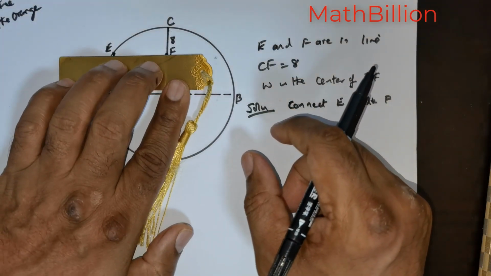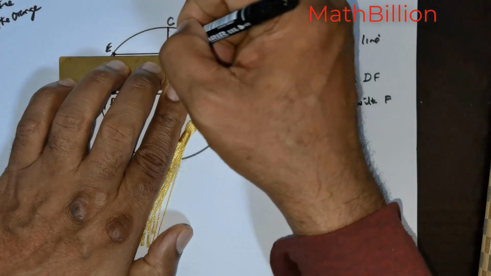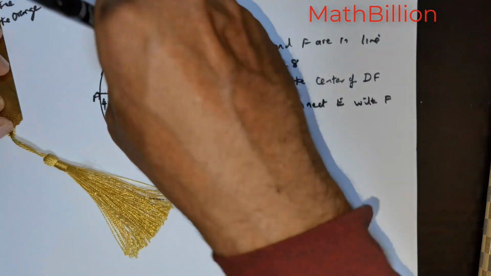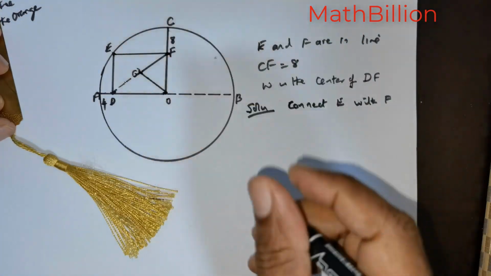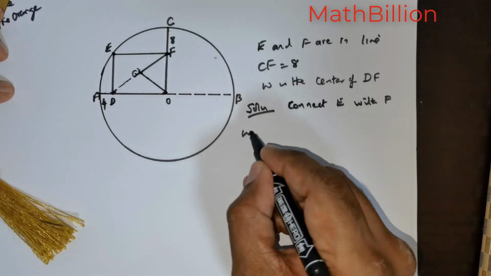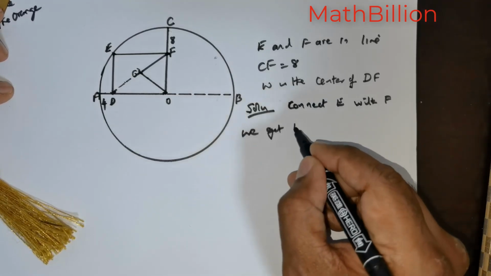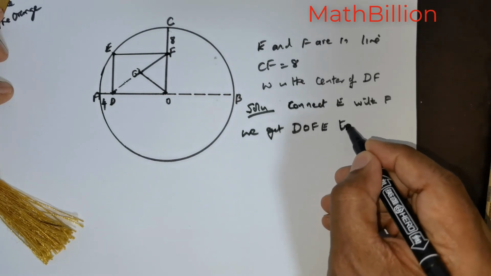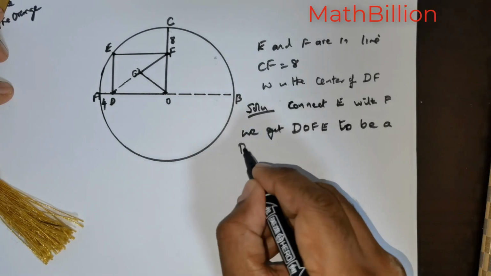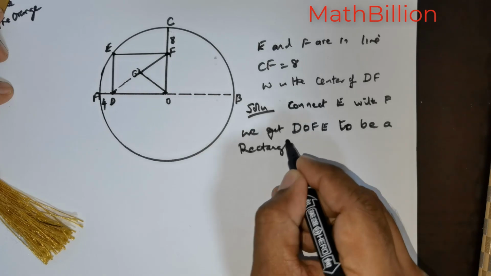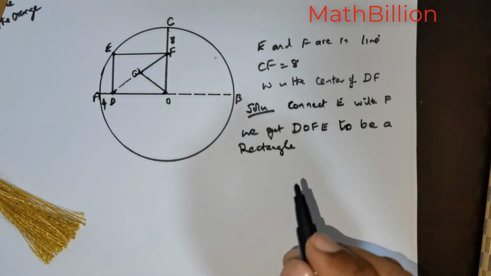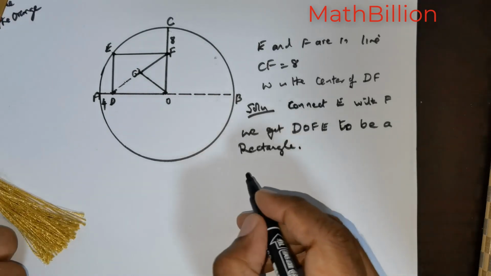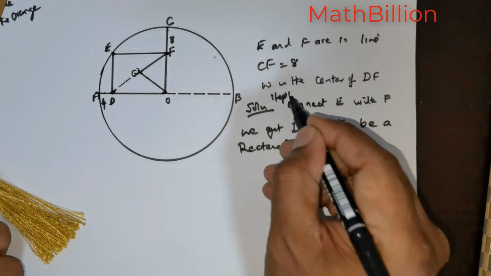So when you connect E with F, we get DOFE to be a rectangle, right? So this is the first step.